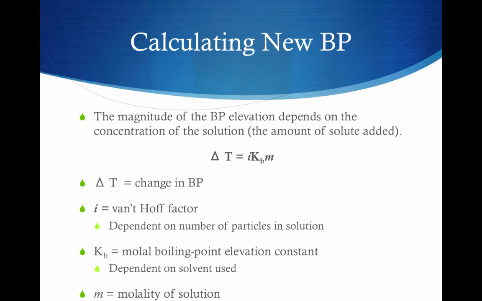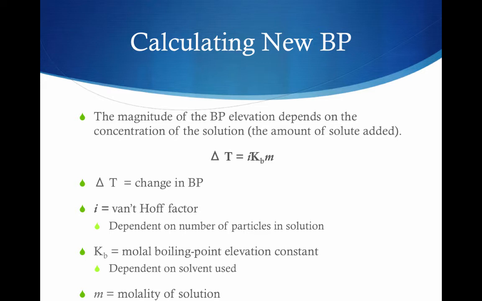We can calculate the magnitude of the boiling point elevation by using the equation below. In this equation, delta T is equal to the change in the boiling point, or the change in the temperature of the boiling point. i is equal to the Van't Hoff factor, which we're going to talk about in a bit. The Van't Hoff factor corrects for the fact that some substances put more particles in solution than other substances.